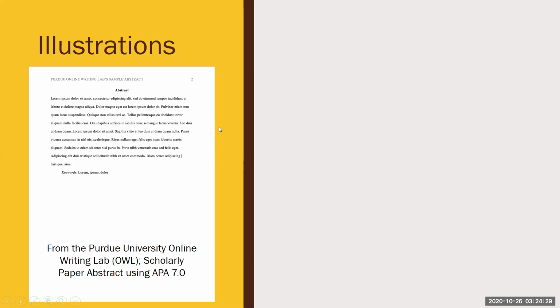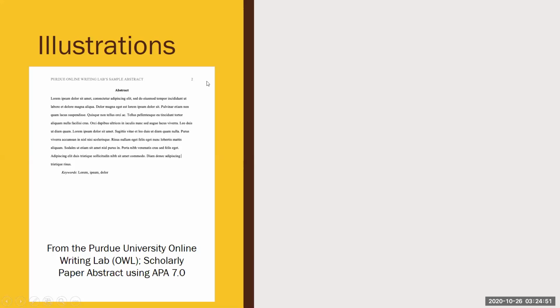You've got it on its own separate page. You've got something not more than 250 words. You've got a set of keywords right below your abstract. And the idea is that after this abstract page, that's when you start the main body of your research paper.